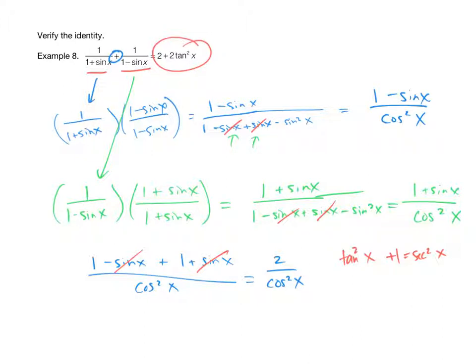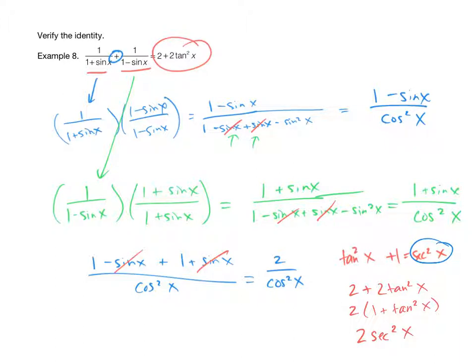I don't have anything I can do with that, but 2 plus 2 tangent squared x, I can simplify. I can pull a 2 out of it, and I'm left with 1 plus tangent squared x, which all of a sudden I can substitute in secant squared x. So now this right-hand side of our equation becomes 2 times secant squared x.